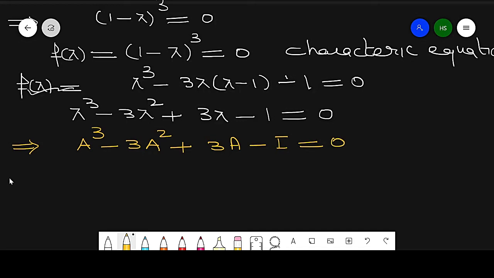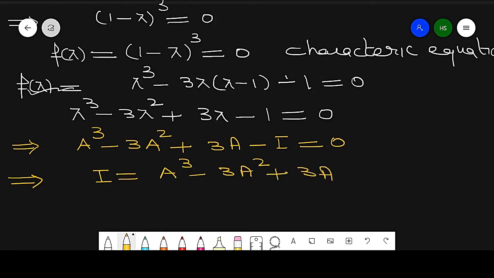So I is equal to A cube minus 3A square plus 3A.